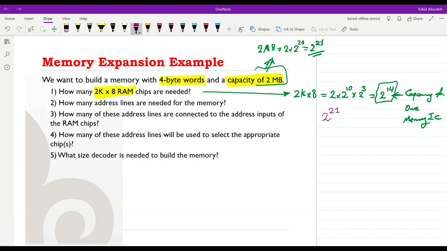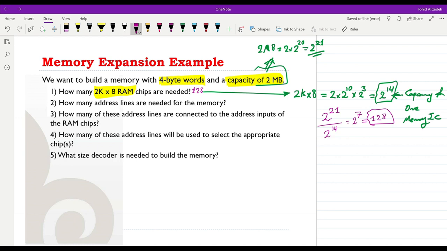So 2 to the power of 21 divided by 2 to the power of 14 will give us 2 to the power of 7, which is 128. So in total, we need 128 chips of 2K by 8 RAMs in order to construct the memory with the given capacity.